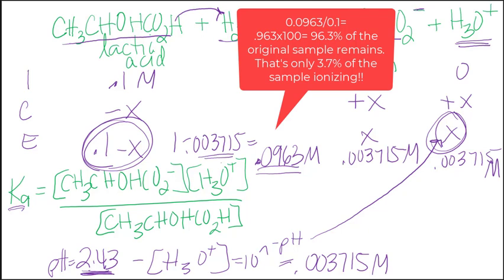And the equilibrium concentration of lactic acid is essentially equal to the initial acid concentration. We're approximately 4% less. If I were to look at the difference between 0.0963 and 0.1, it's less than 4%. So this is one of those examples where the equilibrium concentration of the acid is essentially the initial concentration.